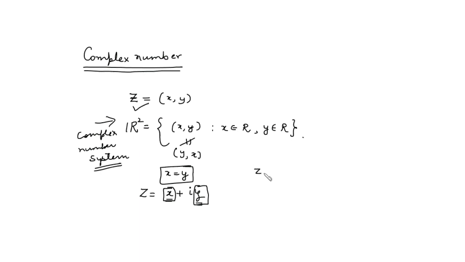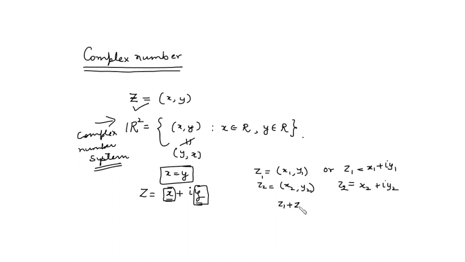Let's suppose we have z1 as an ordered pair (x1, y1), and another number z2 as (x2, y2), or you can say z1 is x1 plus iota y1 and z2 is x2 plus iota y2.